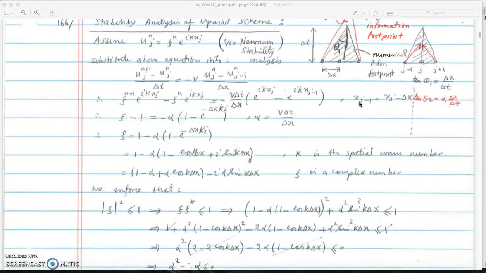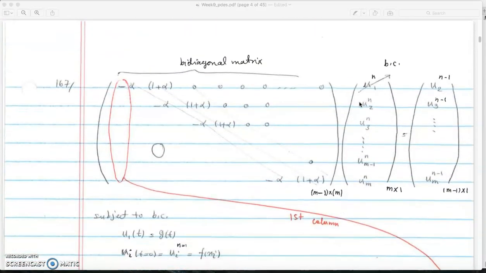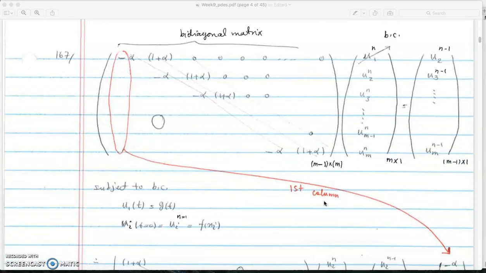So we go back to here and claim that we know the first element, the first entry here. Because we know that value, we're going to multiply the corresponding column to this variable. The corresponding column is the first one, because the first column always gets multiplied by the first element here. So I'm going to multiply this column by that value and then move it to the right side. That's what I have in red here.